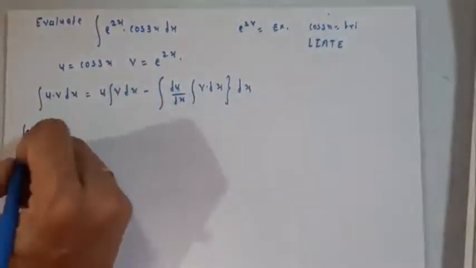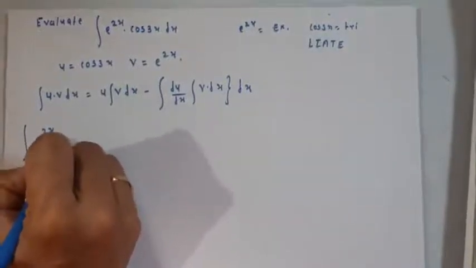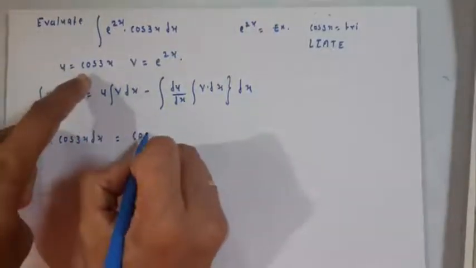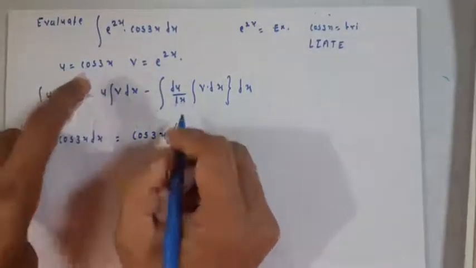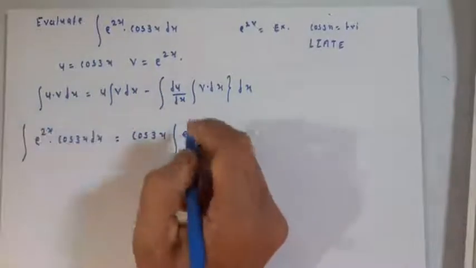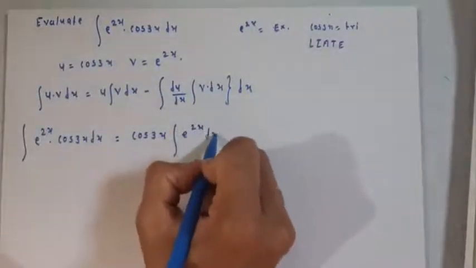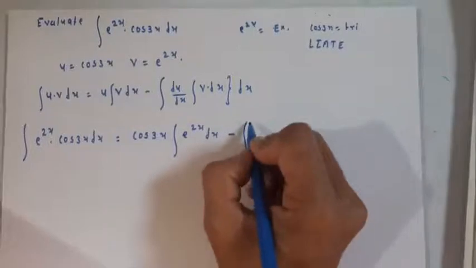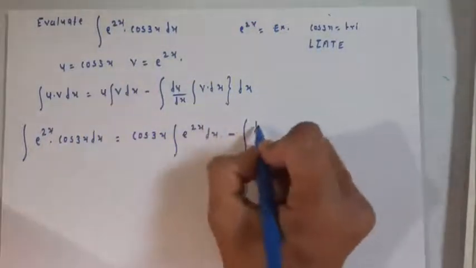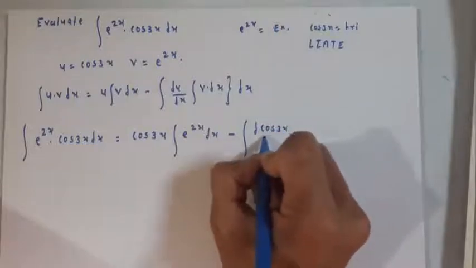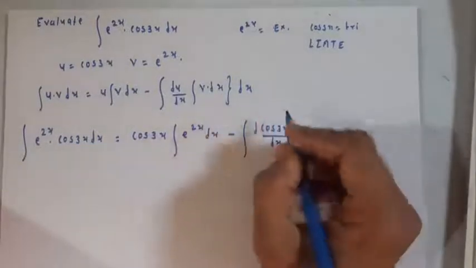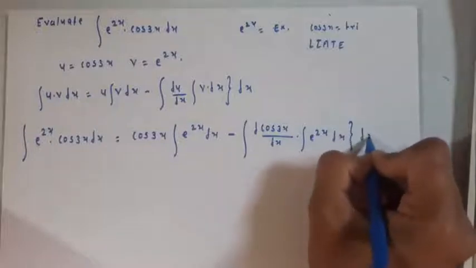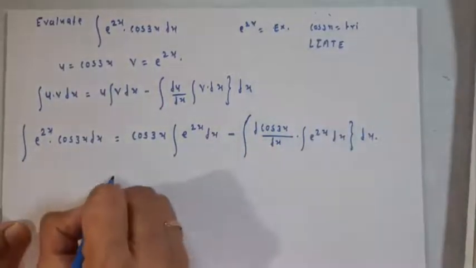So integration of e raised to 2x into cos of 3x equals cos of 3x into integration of e raised to 2x, minus integration of the differentiation of cos of 3x into integration of e raised to 2x with respect to x.